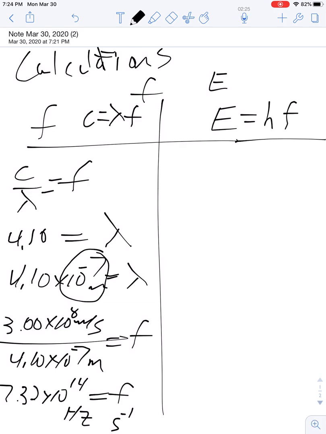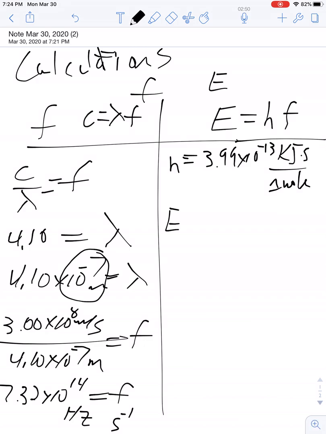Okay? So H is Planck's constant. And it doesn't matter which Planck's constant you want to use. I'm just going to use the bigger one, 3.99 times 10 to the negative 13th kilojoules times seconds per mole. I like using that Planck's constant because it gives me a bigger answer. But you could use the other one.